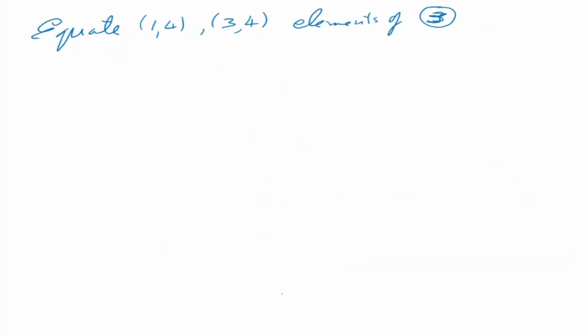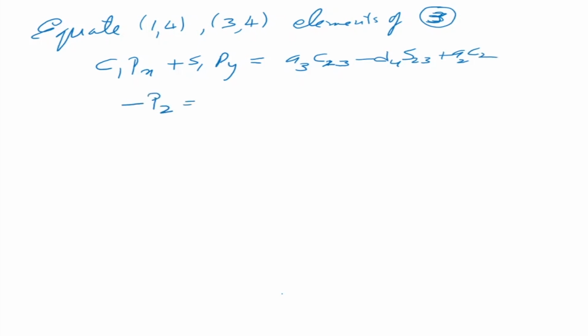So we are targeting the 1 4 and 3 4 elements of equation 3, and what we are getting is c1 px plus s1 py is equal to a3 c23 minus d4 s23 plus a2 c2, and the second equation we get is minus pz is equal to a3 s23 plus d4 c23 plus a2 s2.